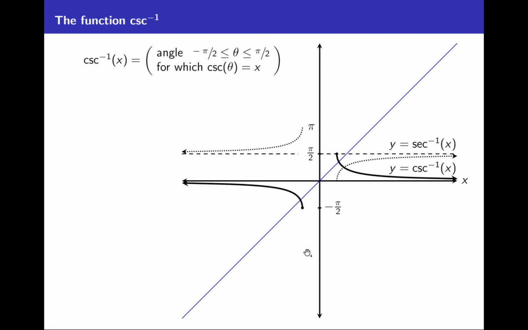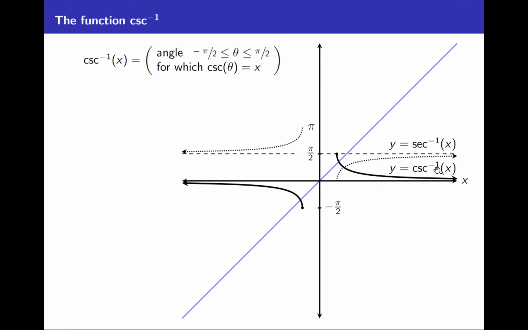And notice that if you look at this for a second, you'll realize that you can get the graph of cosecant inverse of x from the graph of secant inverse of x by first reflecting the graph of secant inverse of x across the x-axis and then moving it up pi over 2 units.